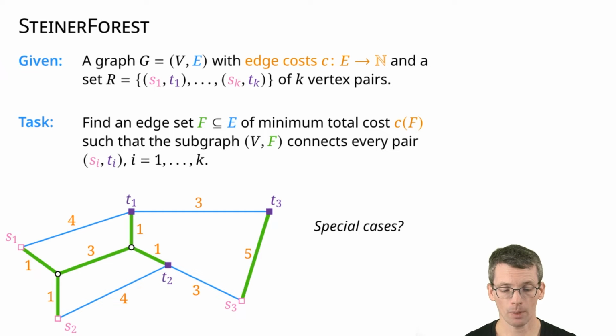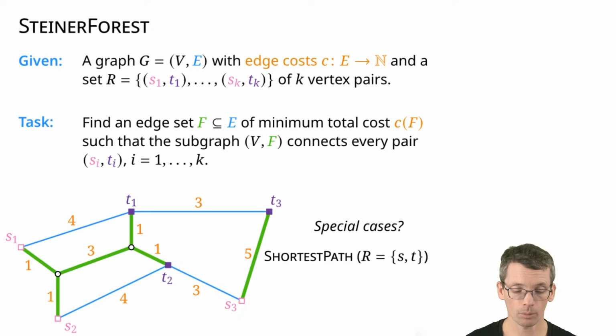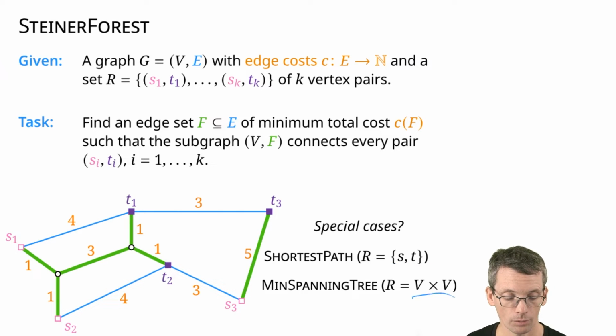There are some special cases of this problem that are worth mentioning. For instance, the shortest path problem is the Steiner forest problem where we only have one pair of terminals, because then this minimum graph is simply the shortest path. If I make all of the vertices terminals and ask for a graph that connects all of them, then I get the minimum spanning tree problem.